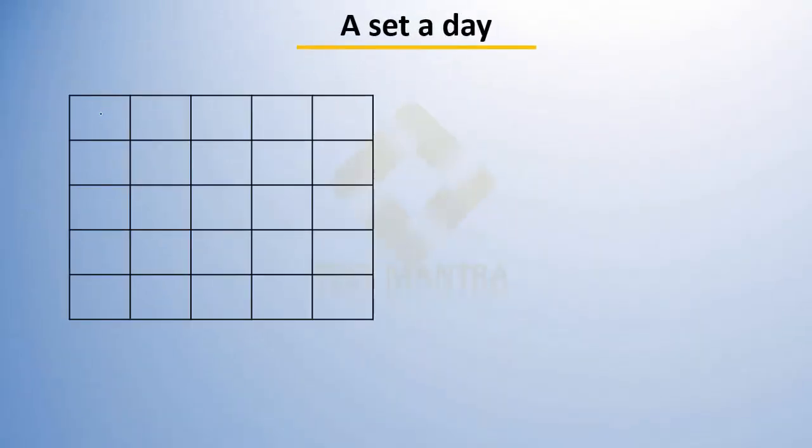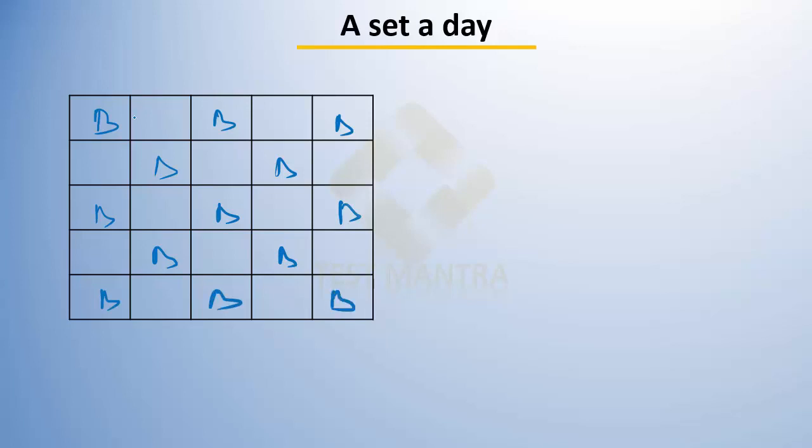So what are my possibilities? The first possibility is, suppose I'll put blue here, blue here, blue here, then blue, blue, blue, blue, then again blue, blue and blue. That means for the remaining places I'll have to use greens, right?